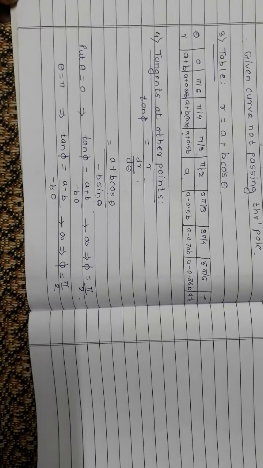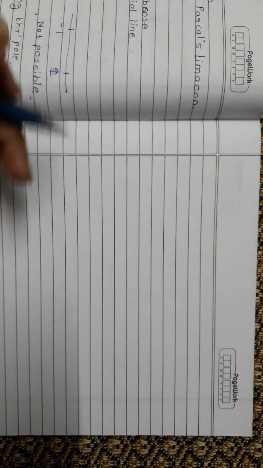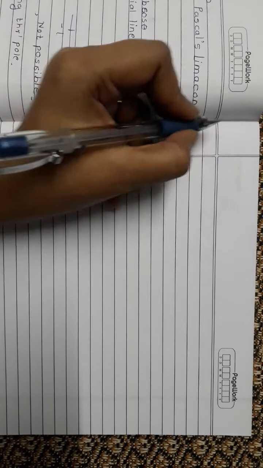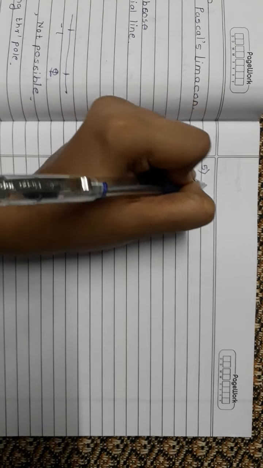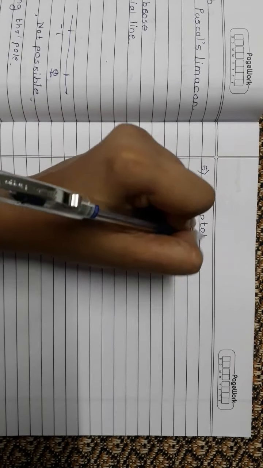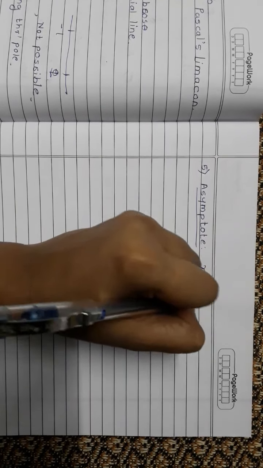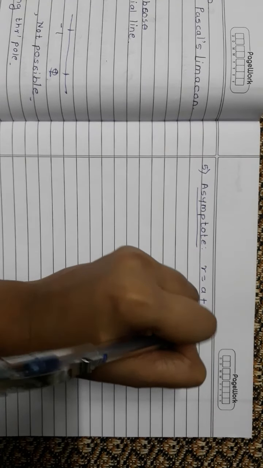Then the next part is symmetry. The curve is the same as the previous curve, only instead of taking both the coefficients as a, I am considering a and b, right? So there will be no asymptote again, right? So asymptote, what was the equation? r is equal to a plus b into cos theta.